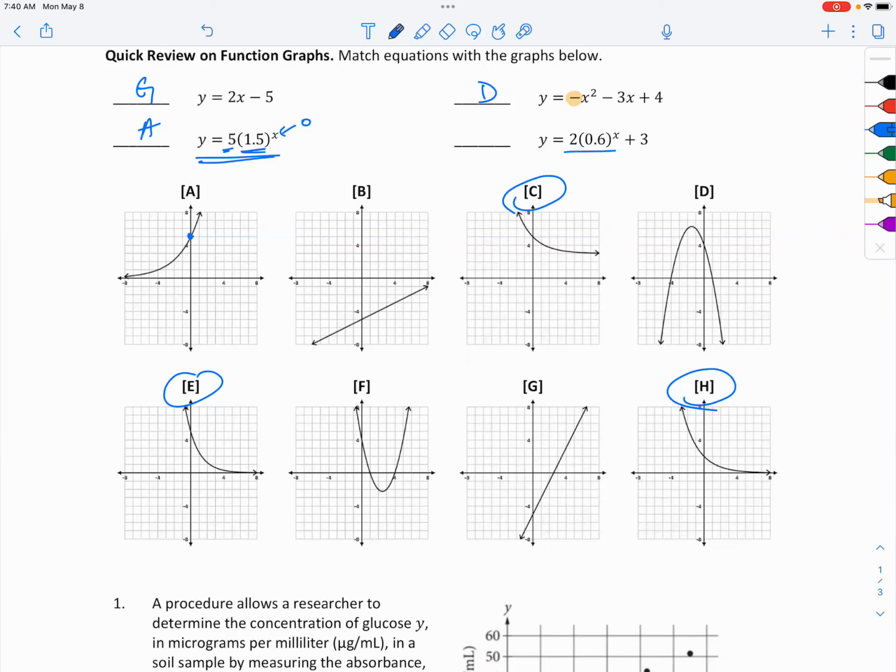What stands out from this graph? The plus 3, how is that a major feature of this graph? What makes it obvious?